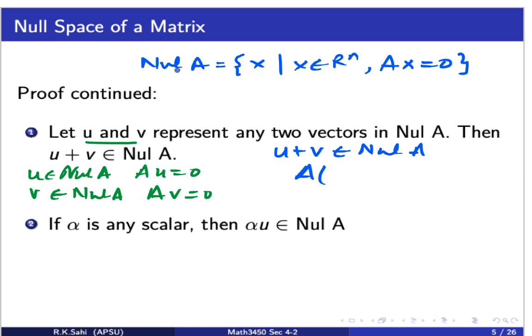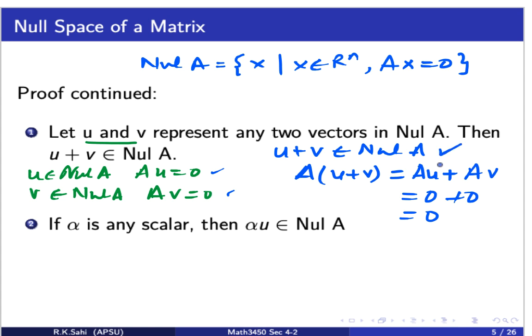So for U plus V, the condition Ax equal to 0 has to be satisfied. That means when A acts on U plus V, it has to be 0. Now we apply the matrix properties. You distribute A over the two vectors: AU plus AV, which is 0 from here and 0 from here, so it's 0. Therefore, vector addition is closed in the null space of A.